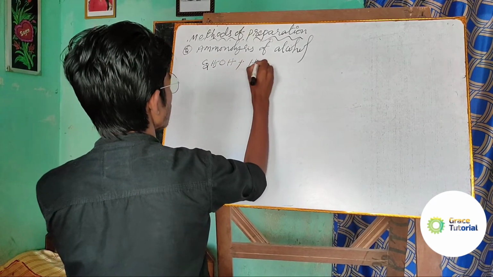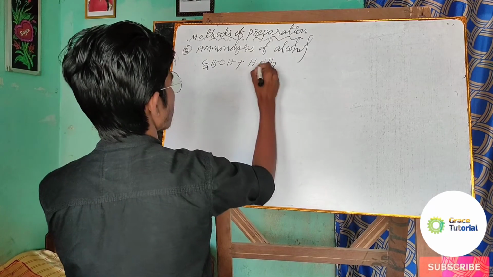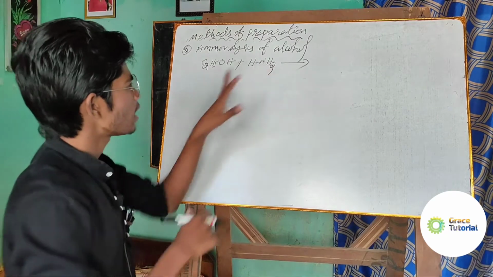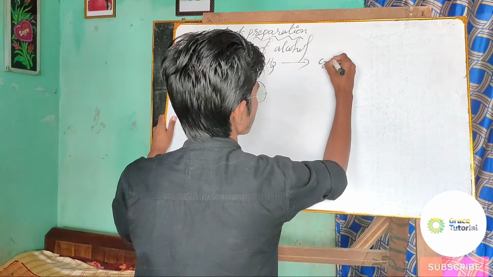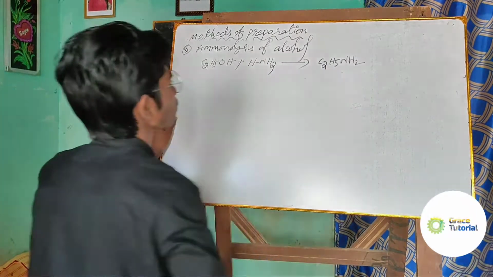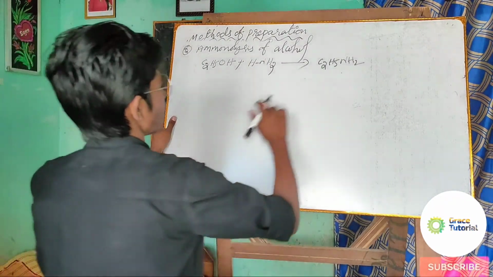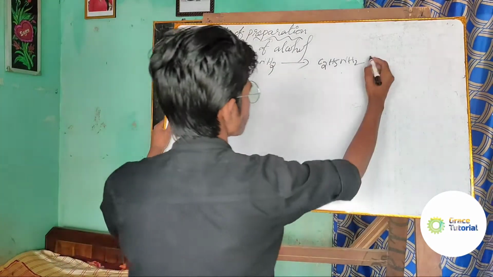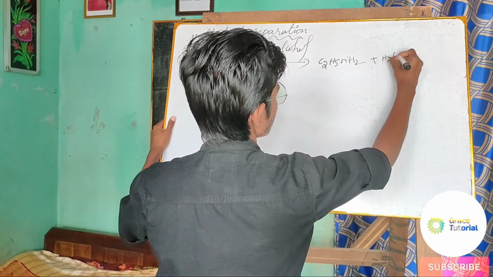When this ethyl alcohol reacts with ammonia, what happens here? C2H5NH2, that is ethylamine, gets obtained, and HOH, that is water, is removed from here, H2O.